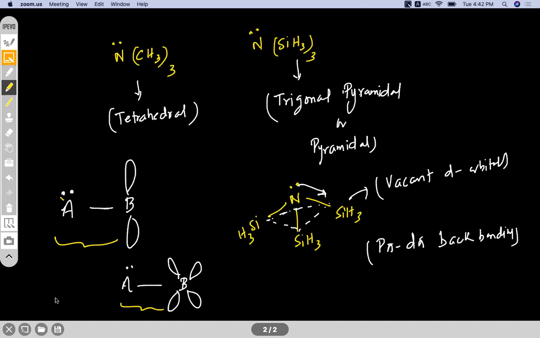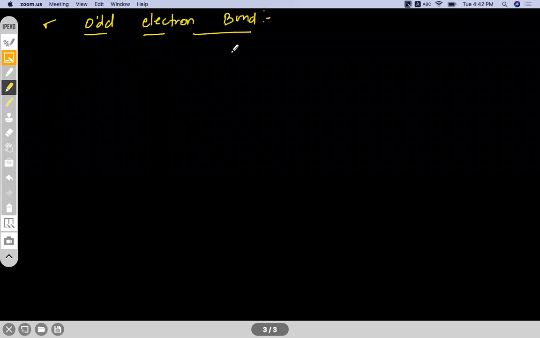Yeah. Now the last thing here is odd electron bond. What is an odd electron bond? Odd electron bond is a bond of one electron or three electrons.